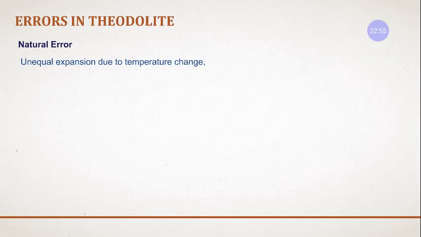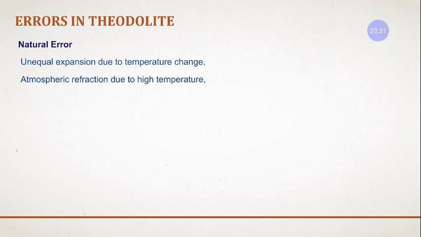As the theodolite is made of metal, when you are using it in the summer or heat conditions, there will not be a huge change in the thermal expansion of the object, but there might be a small expansion due to the temperature change, right? That will lead to improper balance of the instrument, and the fundamental axis may get disturbed.